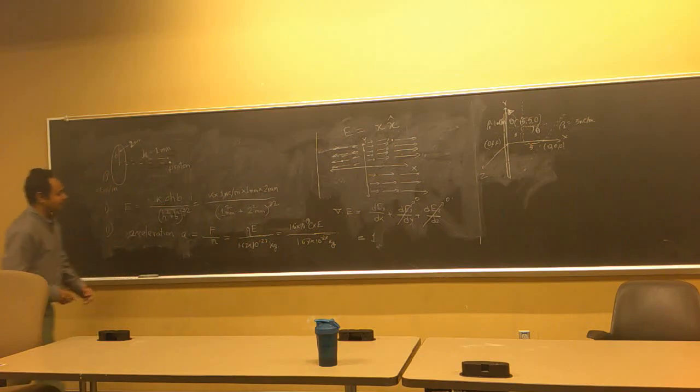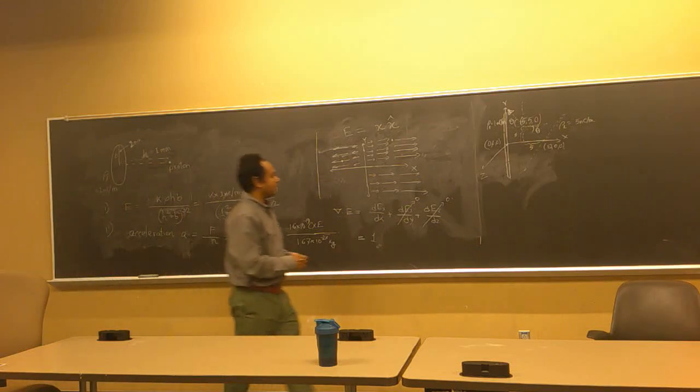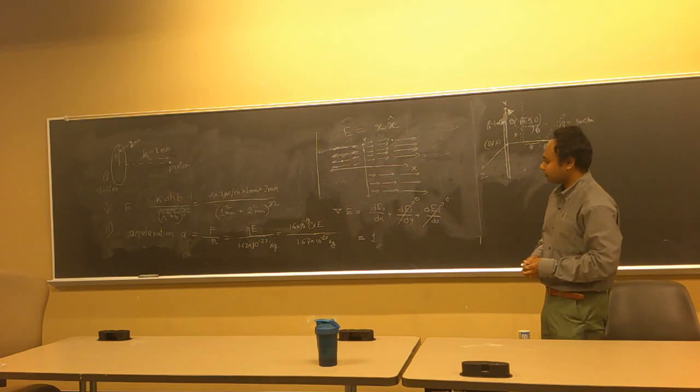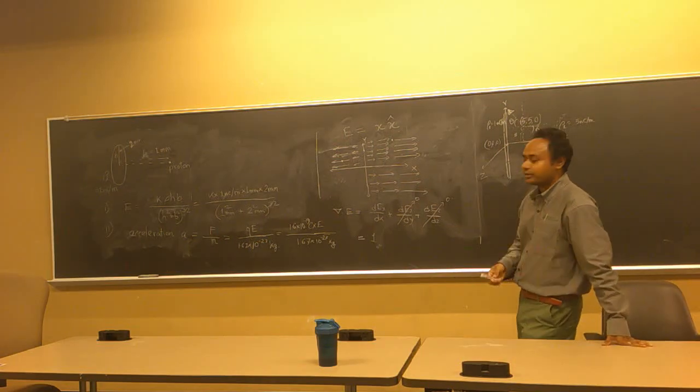So if you plug in all these values, you will get the corresponding acceleration of the proton for a ring of charge. Okay? So you may see some questions like this in the exam as well.